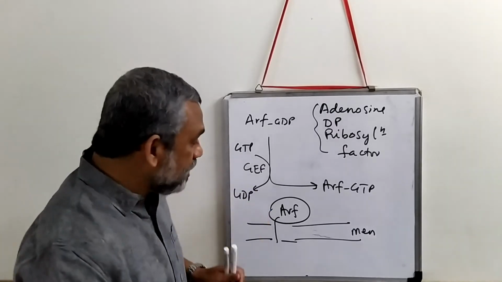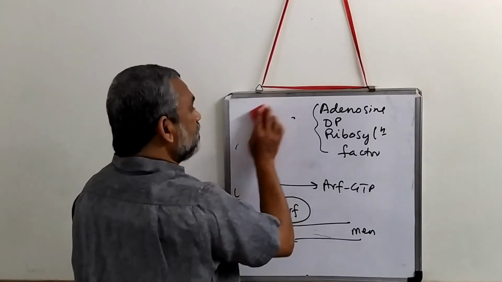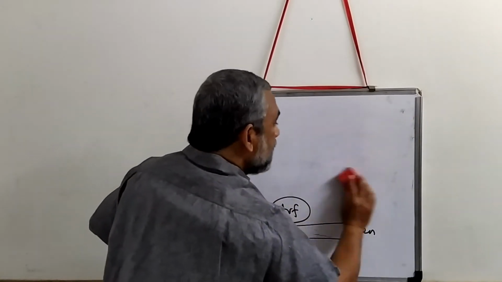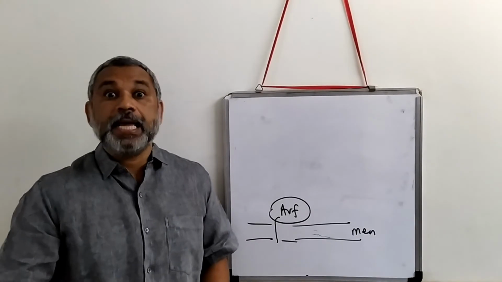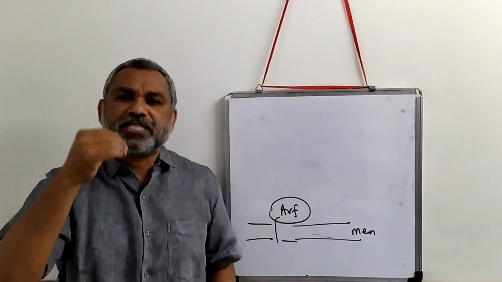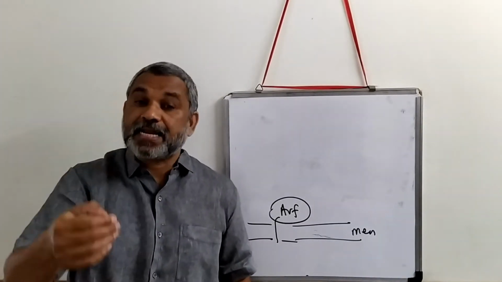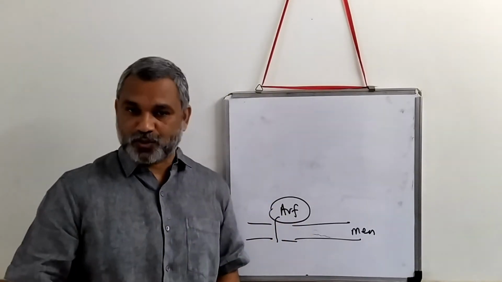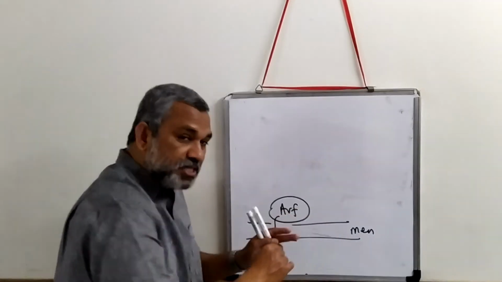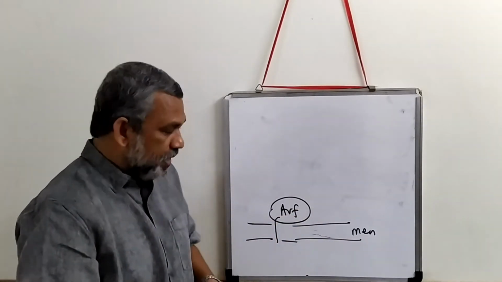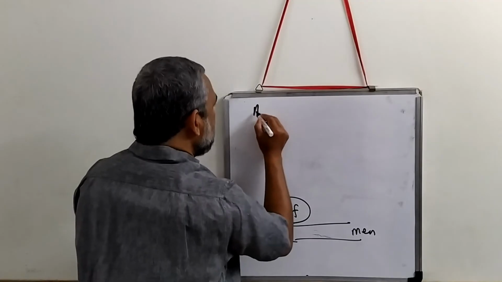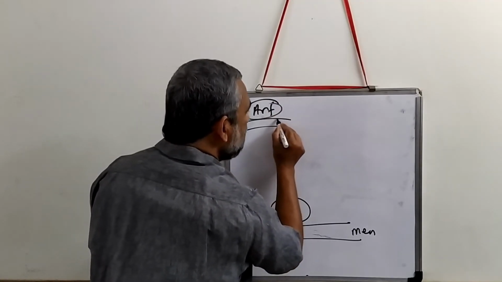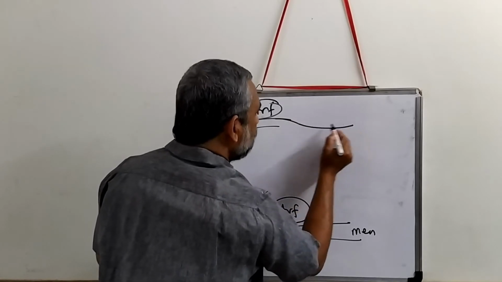Now, this step also initiates the formation of curvature, and the curvature will lead to insertion of the cargo, whichever cargo has to be packed and forwarded back to the endoplasmic reticulum or to the lysosomes. Let us draw the structure here. So here is the ARF protein binding to the membrane, and this is leading to curvature formation.